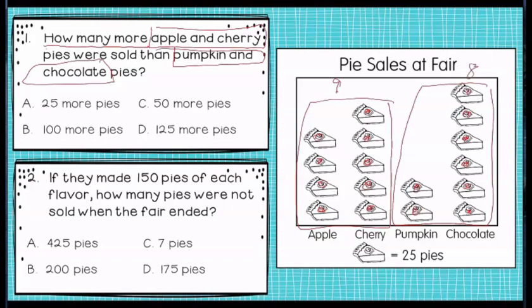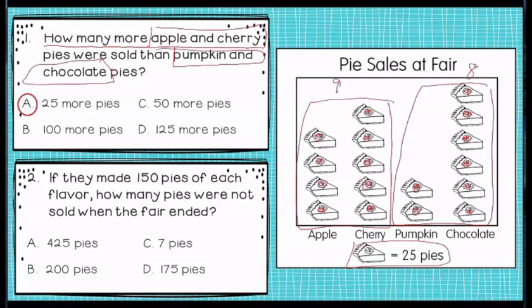So this is 8. So there's 1 more pie in the apple cherry collection. And 1 pie equals 25.